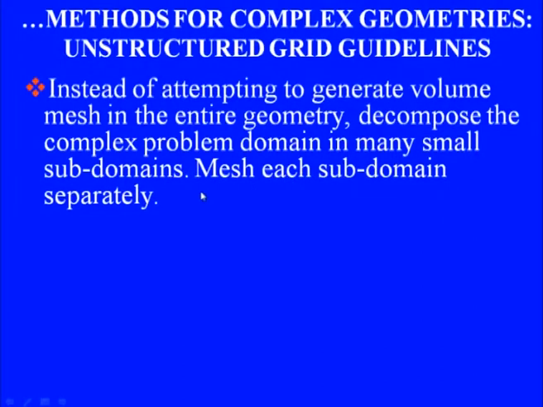This will ensure that we get a properly graded and good quality mesh in each subdomain. So that is the first guideline which we must follow in real life CFD analysis. And similarly, to obtain a properly graded mesh, for instance, if you want to resolve a boundary layer, we must have a very fine grid close to the surfaces and relatively cruder ones away from the walls. This is what we mean by gradation.